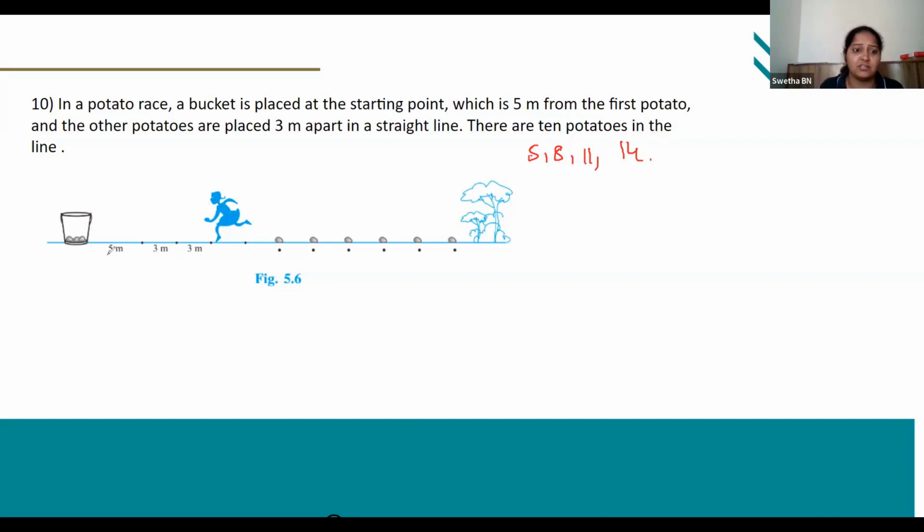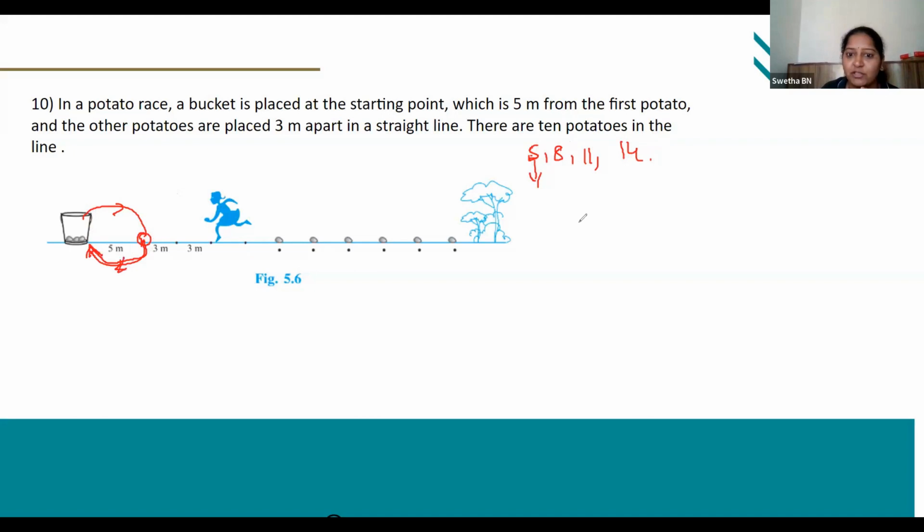We didn't consider that she has to come here and again she has to go back. So what is the first number here? We have written the numbers correctly. She has to come here, she has to pick the potato, and again she has to go back.